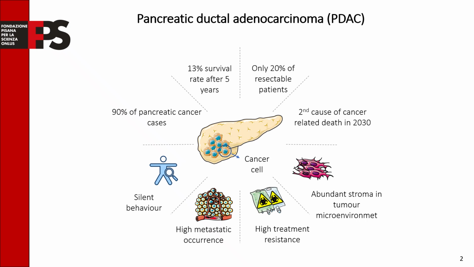The context of the project is the PDAC tumor, which is a very aggressive disease with a 5-year overall survival of just 13%. This lethality is due to the fact that the only effective treatment is resection, but only 20% of the patients are diagnosed in advance, when the disease is resectable.